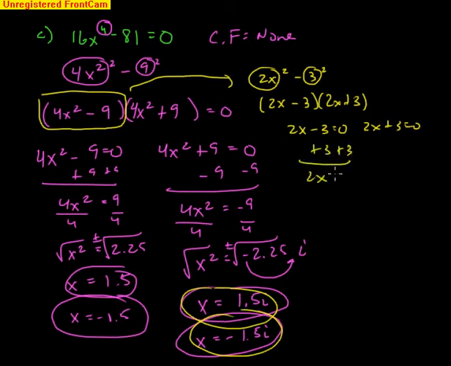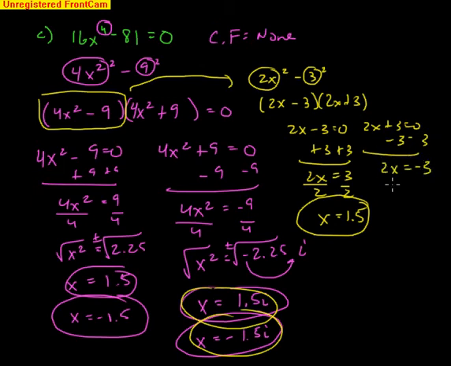Add 3, 2x equals 3, and divide by 2. 3 over 2 is 1.5. Hey, matches that answer. Subtract 3, 2x equals negative 3, and divide by 2. Negative 3 divided by 2 is negative 1.5. Hey, matches that answer. So you get the same answers whether you do all pink or a little bit of pink and yellow. Okay? All right.